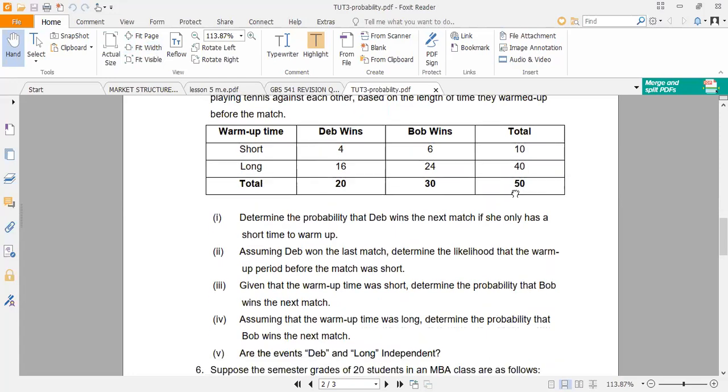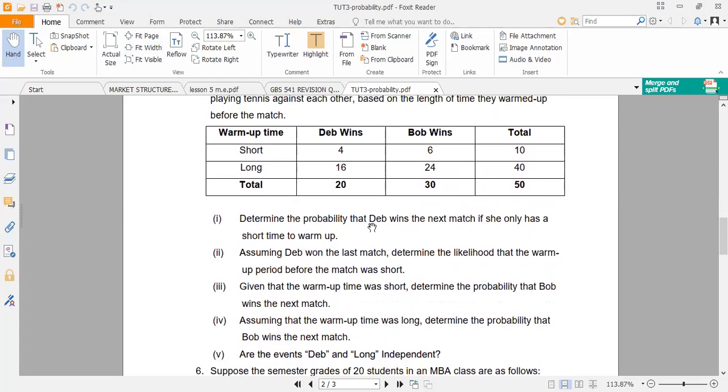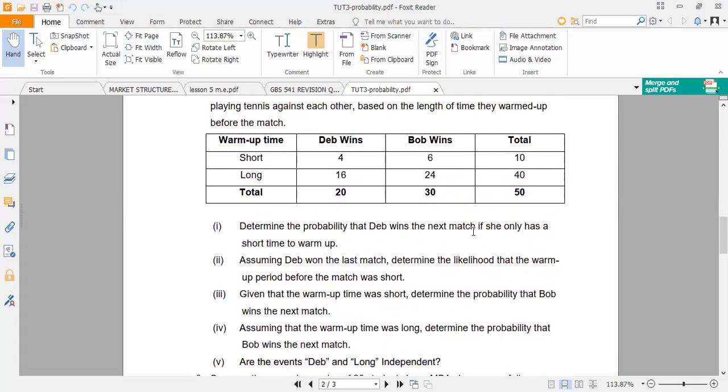Let's try. Determine the probability that Deborah wins the next match if she only has a short time to warm up. What are they asking for?